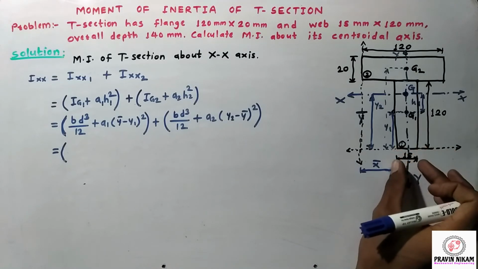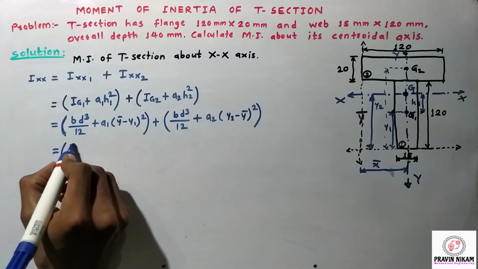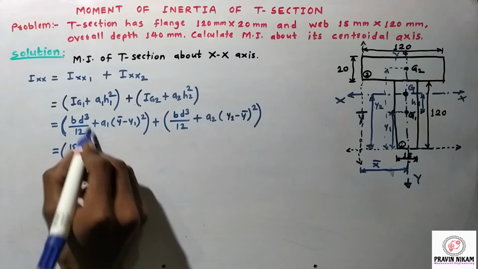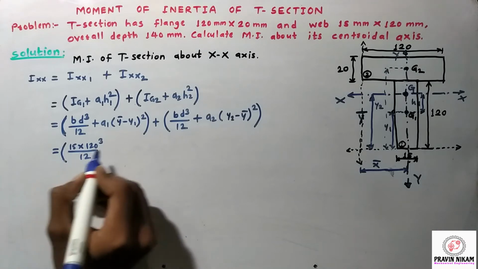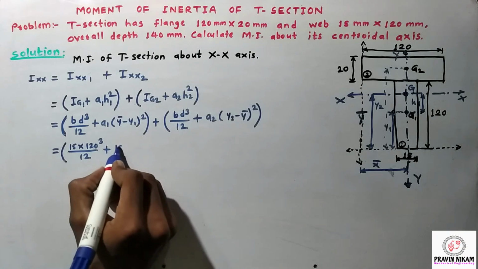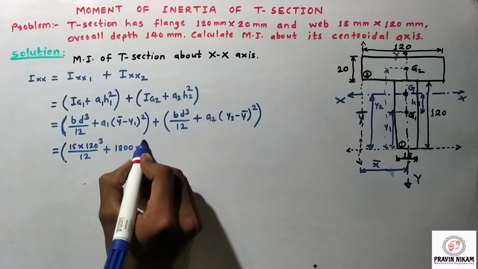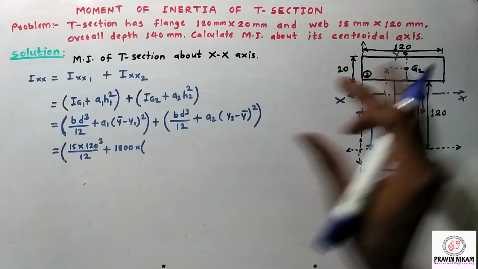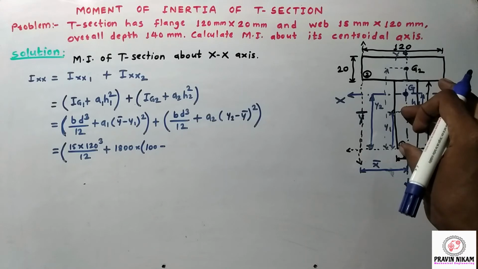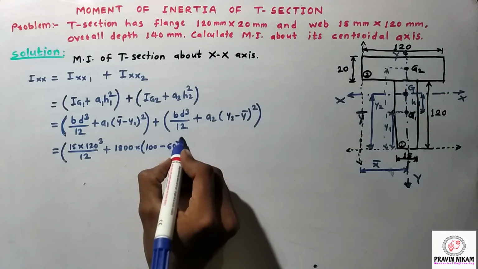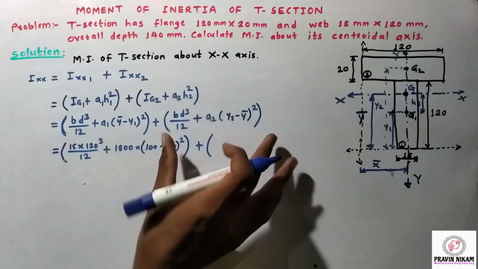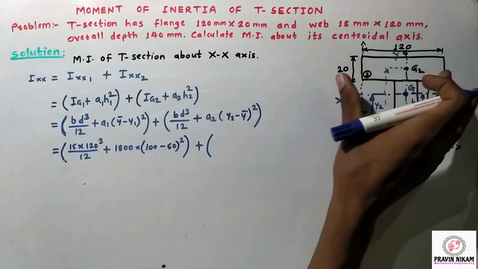For section 1 B is what? 15 into D is what? 120. 120 cube divided by 12 plus A1, area of section 1, is what? 1800 into Y bar is what? 100 minus Y1, 60, bracket square, bracket completed, plus for second bracket only see section 2.